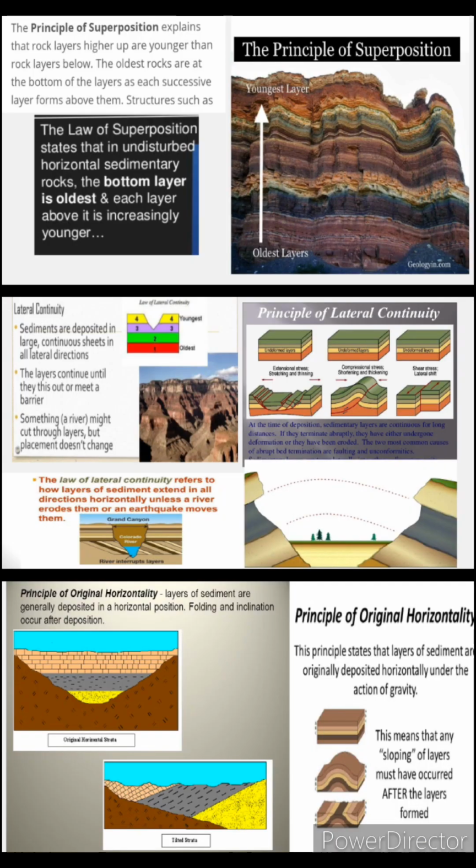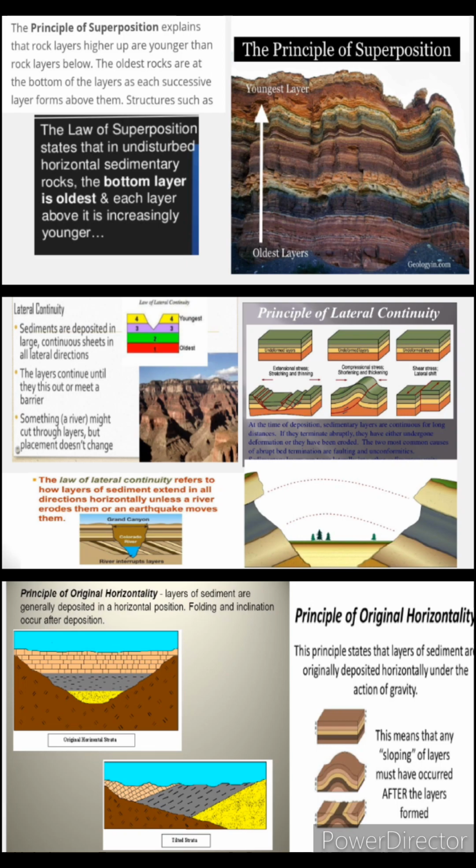The principle of superposition explains that rock layers higher up are younger than rock layers below. The oldest rocks are at the bottom, as each successive layer forms above them.